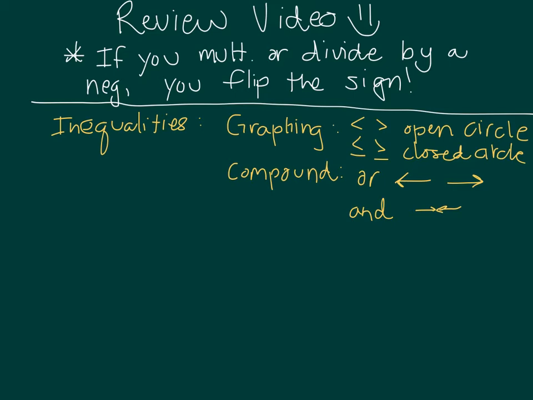Okay, so let's look at an and statement. For example, let's say we have -8 is less than or equal to 2x plus 4, which is less than or equal to, I don't know, 10.